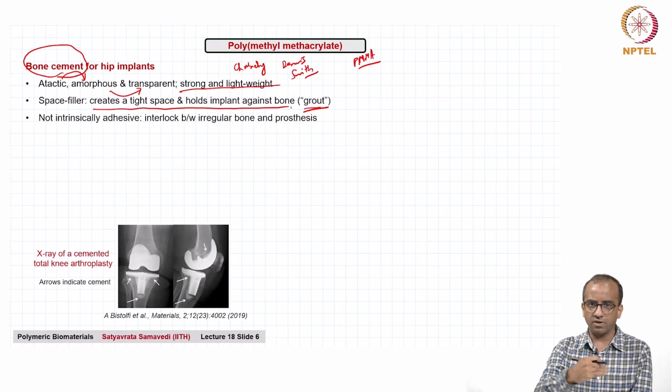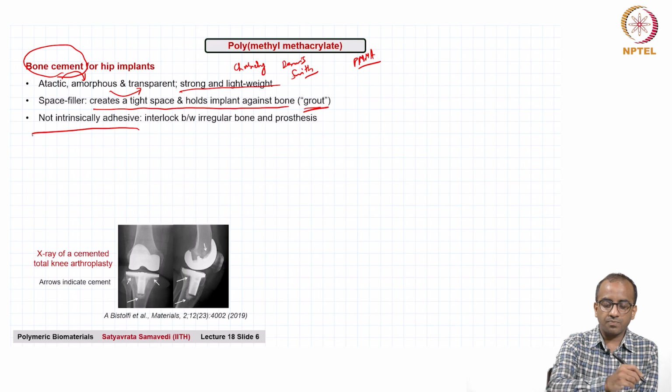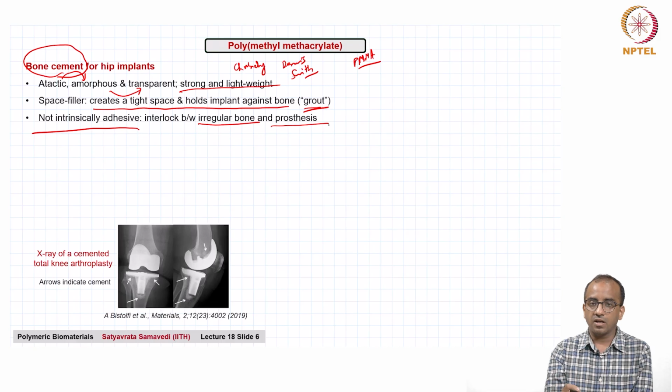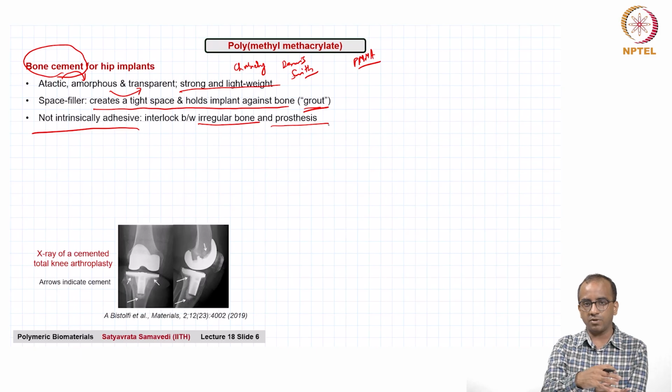It is able to fill all the micro cracks, etc. Note that it is intrinsically not an adhesive polymer. It forms an interlock between irregular bone and the prosthesis. So, any cracks, micro cracks, etc. are sort of bonded between the bone and the implant through PMMA cement.